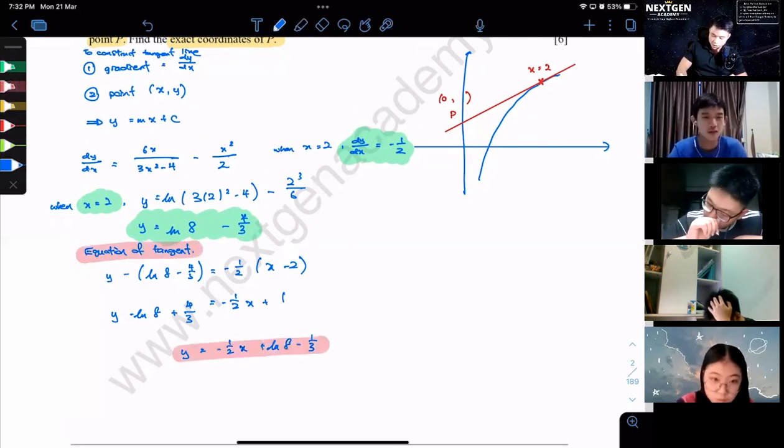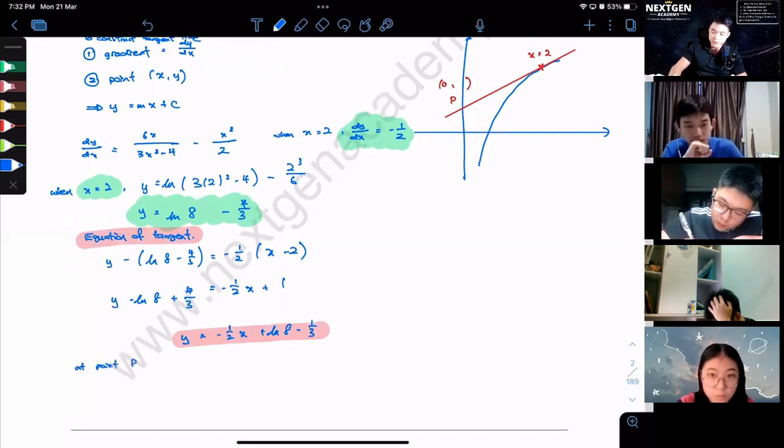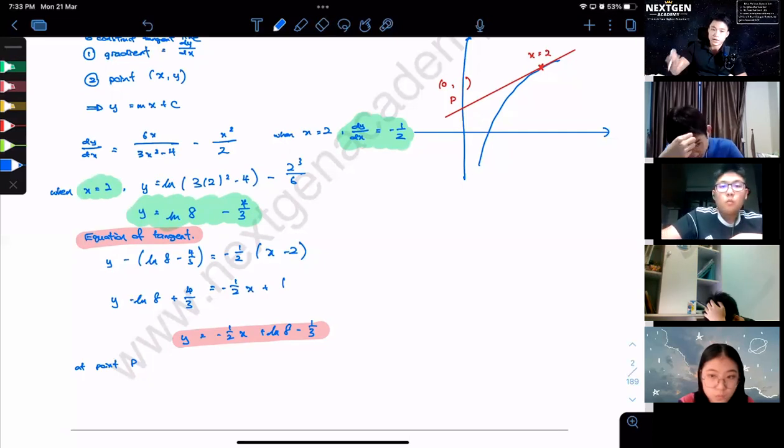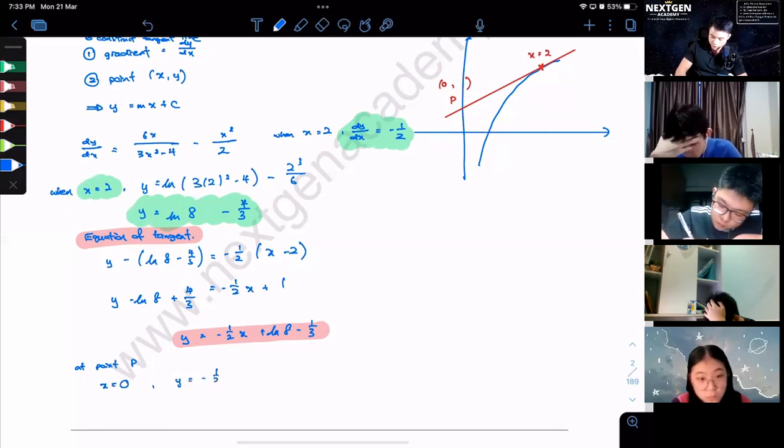Then at point P, what we know about point P is that it intersects the y-axis. That means it's a y-intercept. Y-intercept means x equals 0. So we know here x equals 0. Therefore, y equals negative half times 0 plus ln 8 minus 1 over 3.